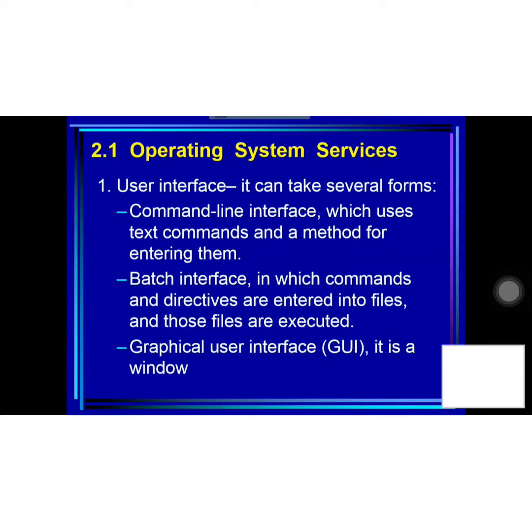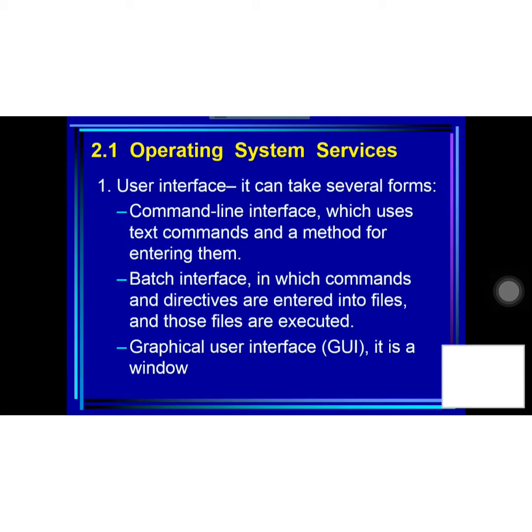Okay, so the first part is user interface. Almost all operating systems have a user interface. This interface can take several forms. One is a command line interface, which uses text commands and a method for entering them.